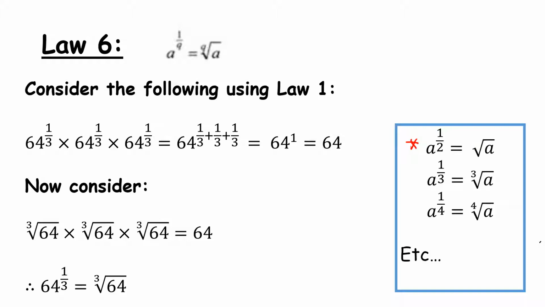It is just the root itself. So if you have power of a half, it is square root. And we could do the same thing as we've done here with that 64. We could do it as power of a half, so 64 to the power of a half, multiplied by 64 to the power of a half, would simply give me 64. So we could work that through in a similar way.